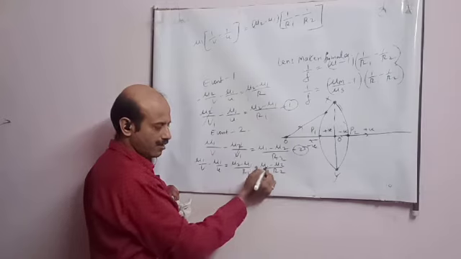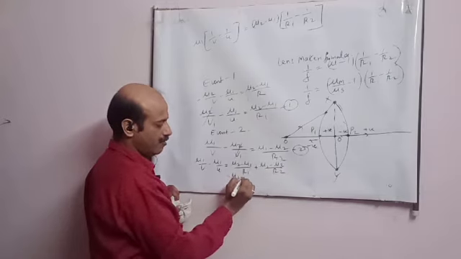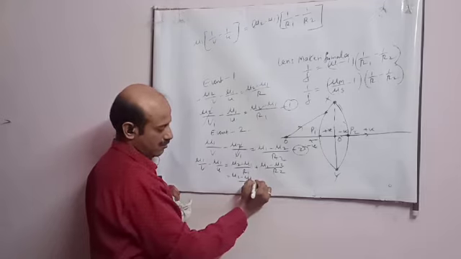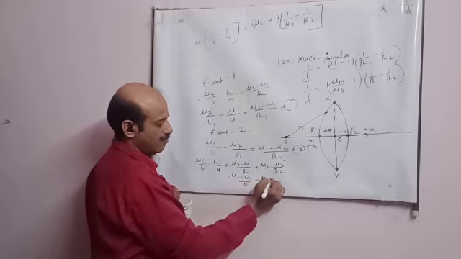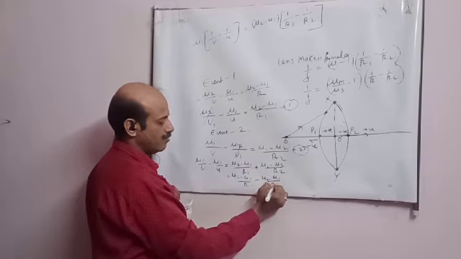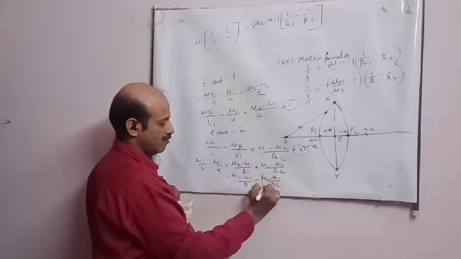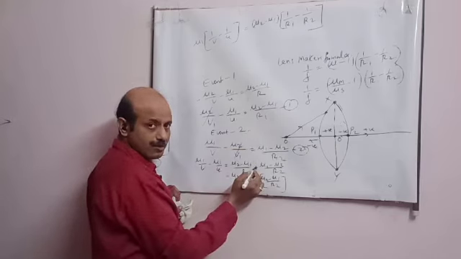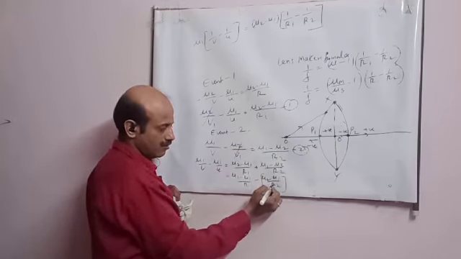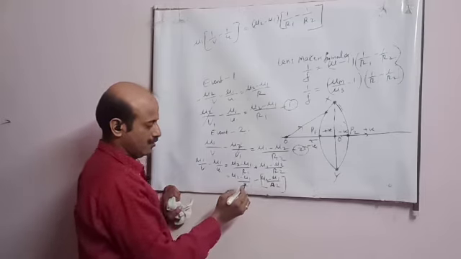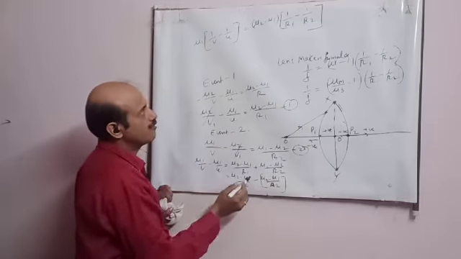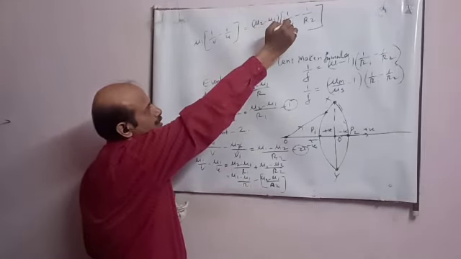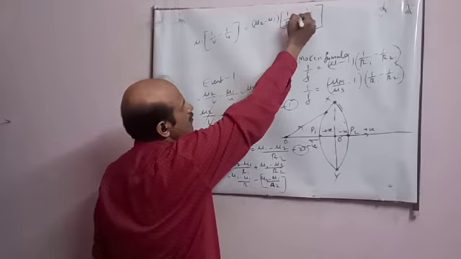If I take minus out, student, then it will become mu2 minus mu1 upon r1 minus mu2 minus mu1 upon r2. This minus I have taken out, student. Now, student, here is the formula: 1 upon r1 minus 1 upon r2.